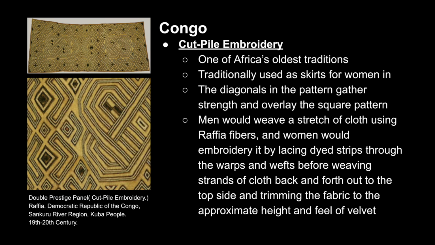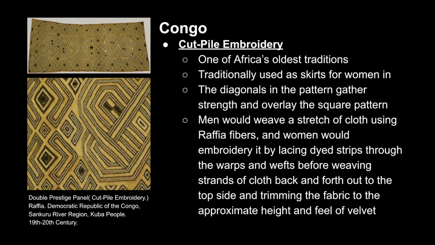Also in the Congo, we see textiles like cut pile embroidery, which is actually one of Africa's oldest traditions, and it was predominantly used as skirts for women. Formally speaking, the diagonals in the pattern gather strength and overlay the square pattern. In the tradition of making, the men would actually weave the stretch of cloth using raffia fibers.